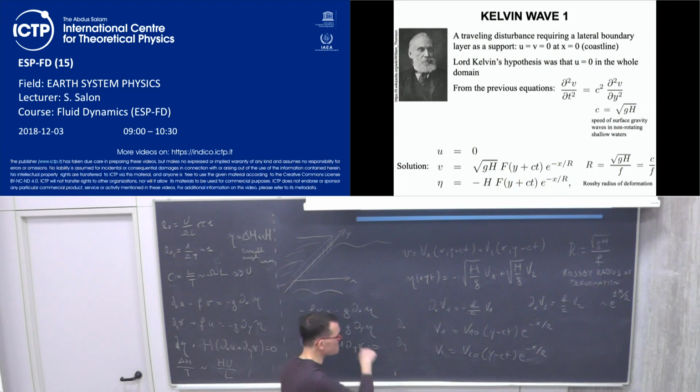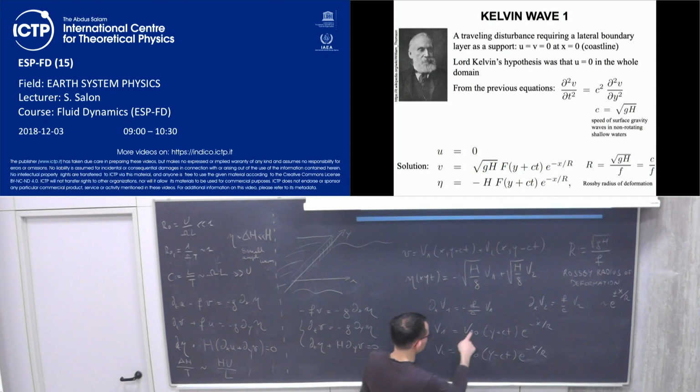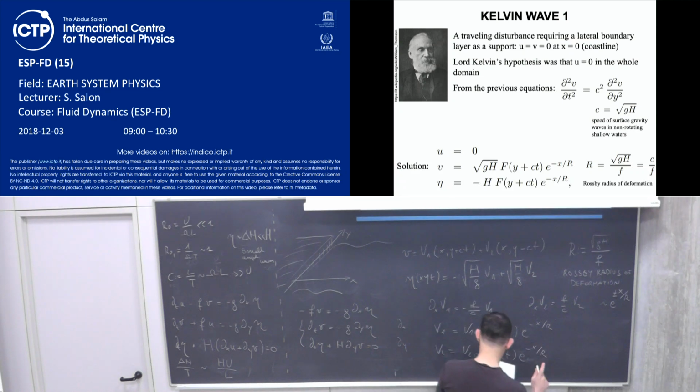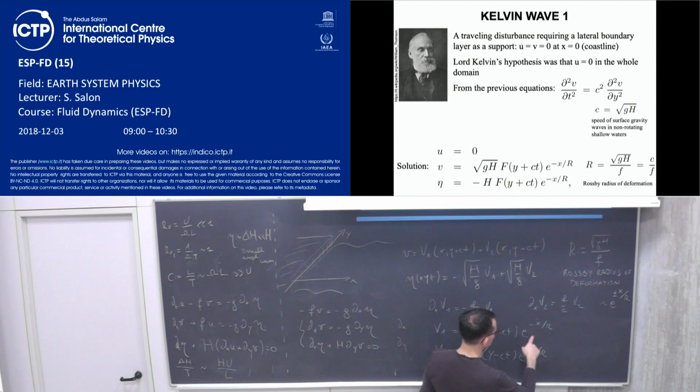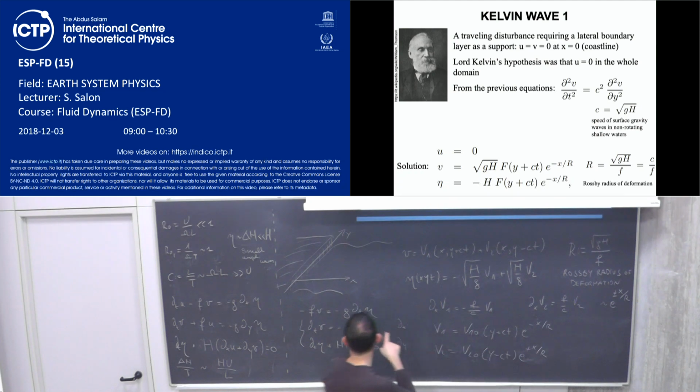This means that V1 0 and V2 0 are sort of conditions that we apply when we solve these two equations, and we will have that V1 and V2 have a dependency that is exponentially decreasing or increasing with x.